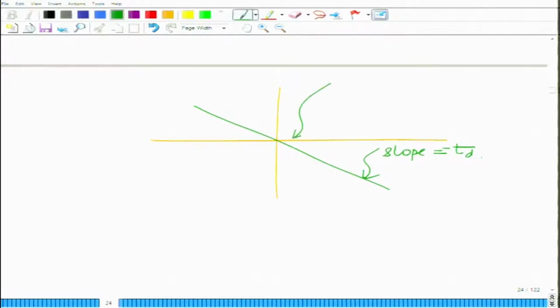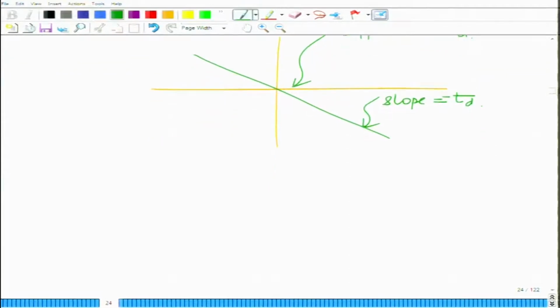So, this passes through the origin, and this is your theta h equals minus omega Td. So, this is the phase characteristic: the phase is linear in omega for distortionless transmission.